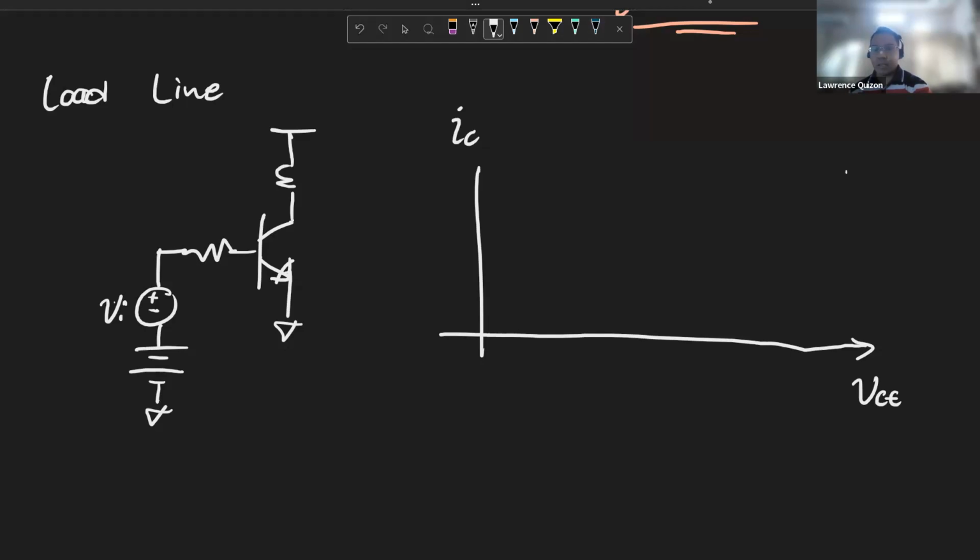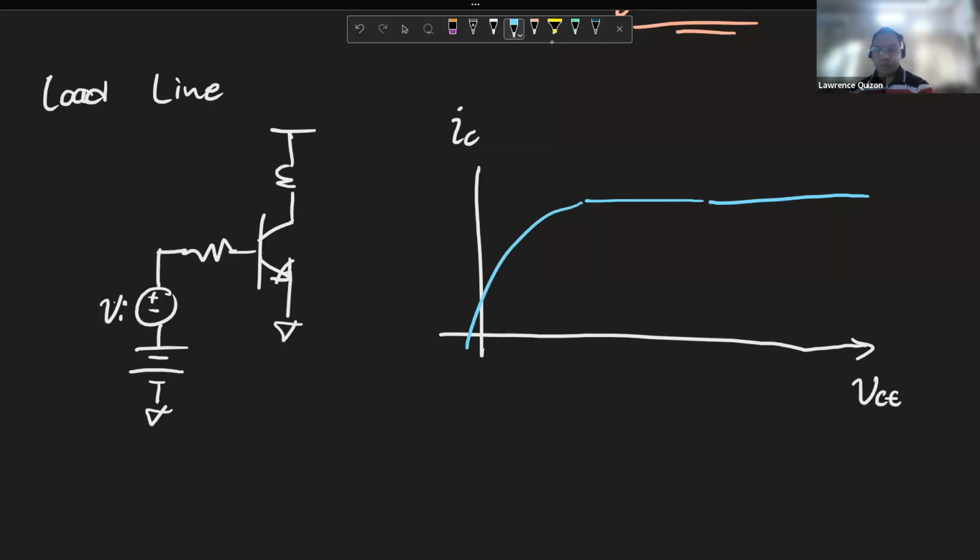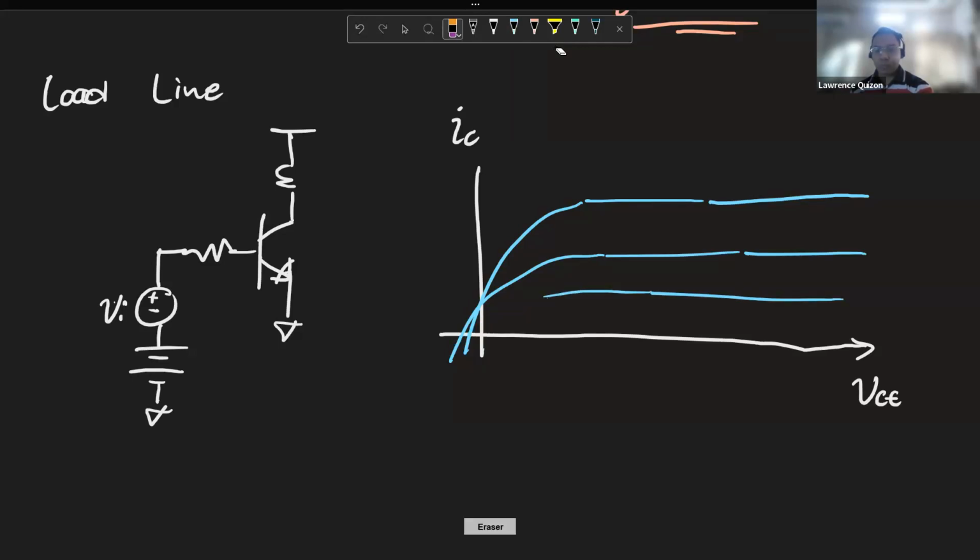Meron tayong mga curves na ganito. Diyan, di ba? Yan. So this is the BJT's output characteristic, di ba?